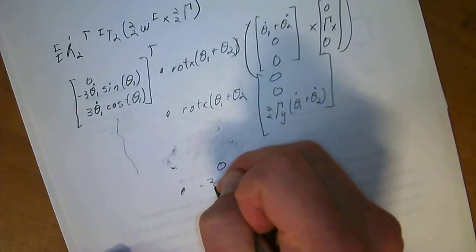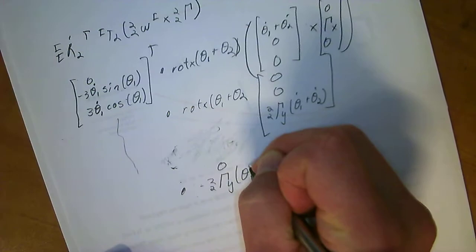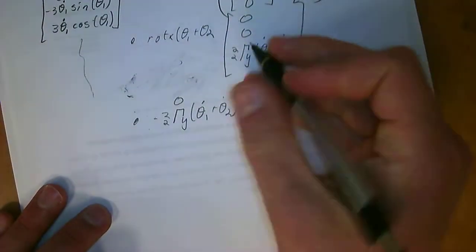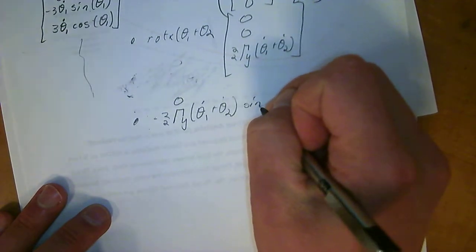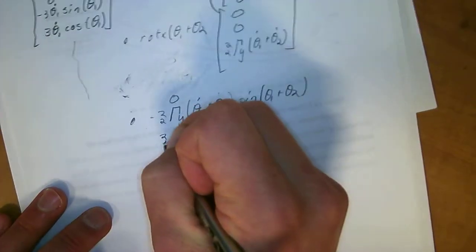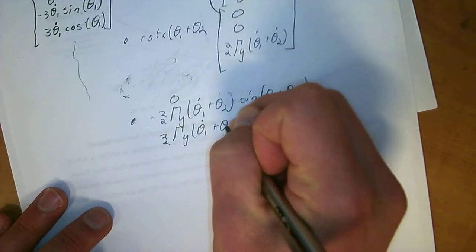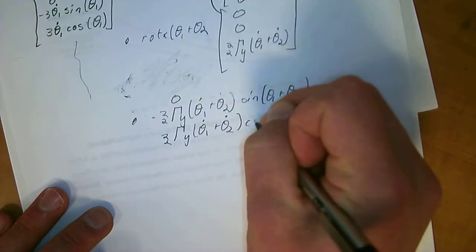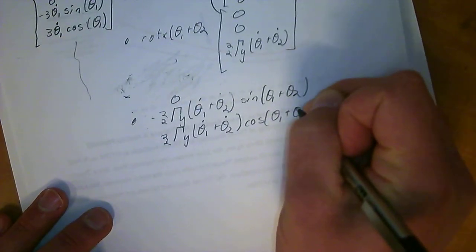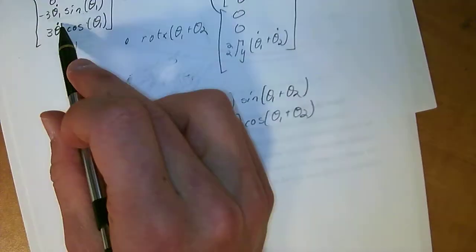Times 0 times negative 2 gamma y of theta 1 dot plus theta 2 dot sine theta 1 plus theta 2, 2 gamma y of theta 1 dot plus theta 2 dot cosine of theta 1 plus theta 2. Okay.